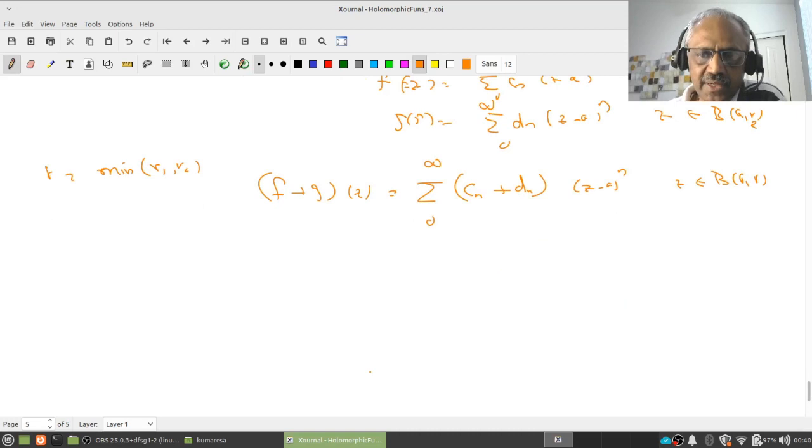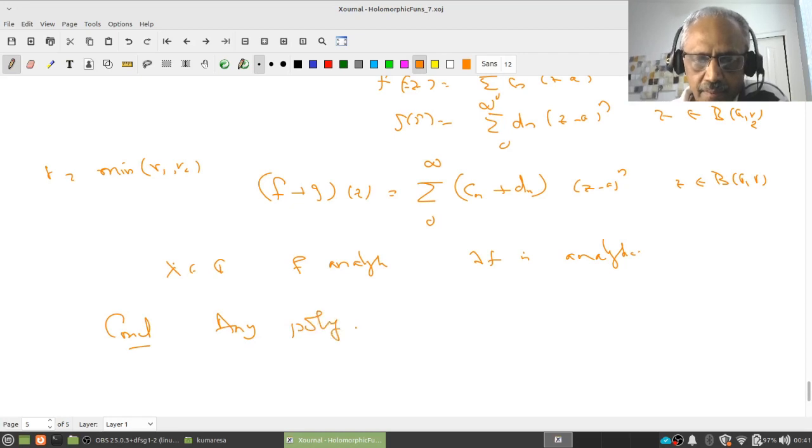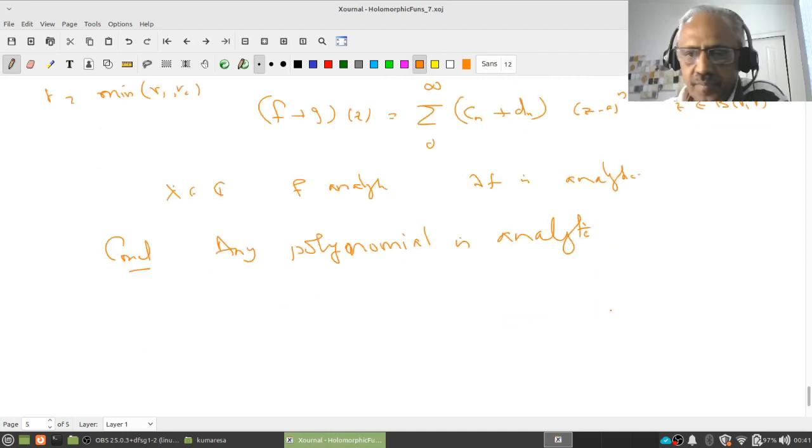Therefore, as a corollary, if lambda is a scalar and f is analytic, then lambda f is analytic. So as a conclusion, any polynomial is analytic.